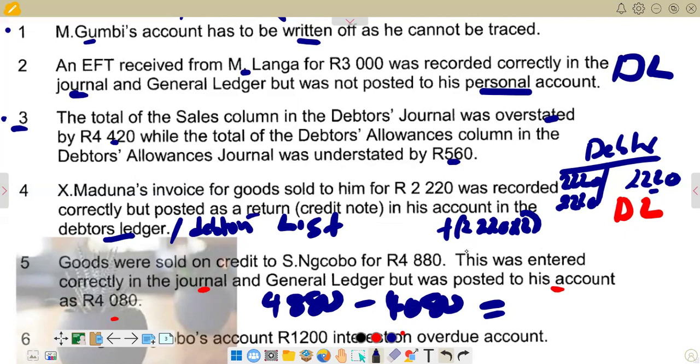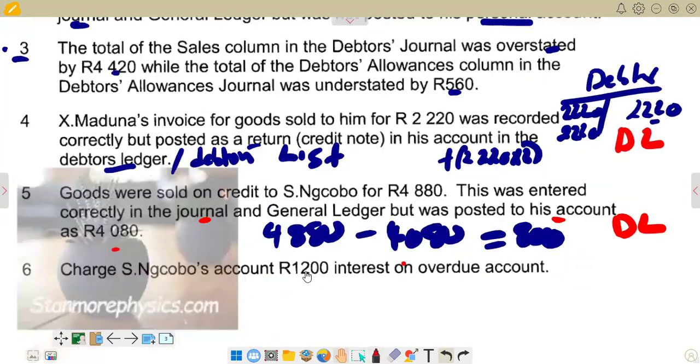So here our answer is 800. So it means we are going to add this 800 since we entered a smaller figure there on S Global. So this is what we have. So this also is going to affect the debtors list. So we can just refer back as we adjust for the debtors list.